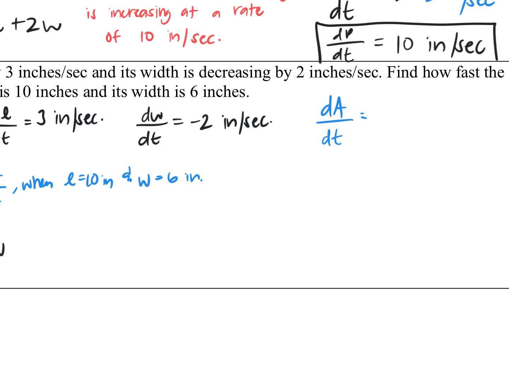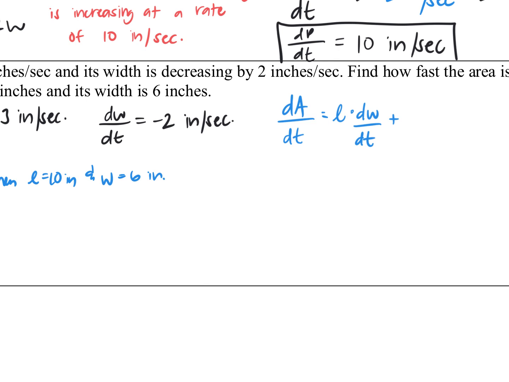So I'm going to leave the first one times the derivative of the second one, so times dW/dt. And then I'm going to add that with the second one left alone, times the derivative of the first one. You could have had the order of those flip-flopped, but you should have those four things when you're taking the derivative of a product.